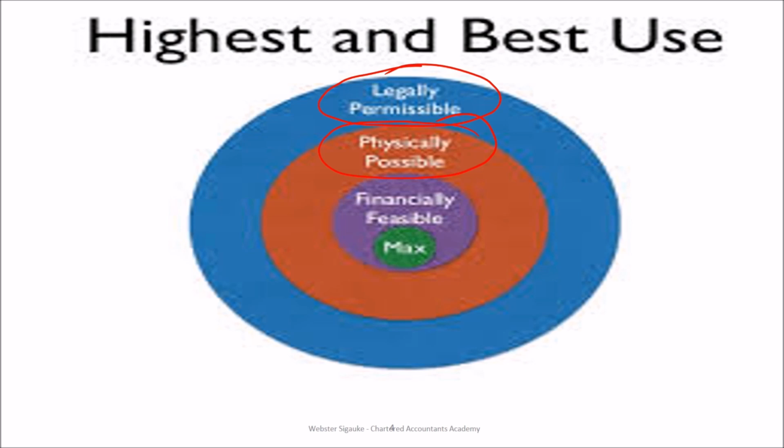And number three, you should also look at if it's financially feasible to actually use that building in that certain way. So for example, we may want to use this building as a warehouse, as a factory, but we are specifically producing biochemicals.